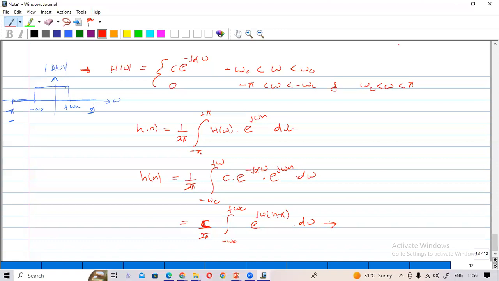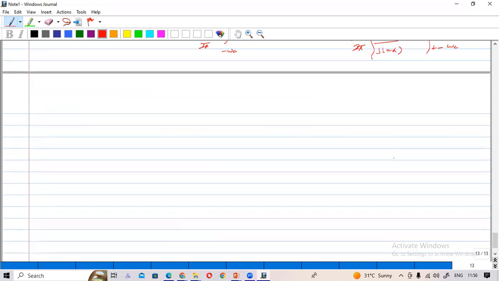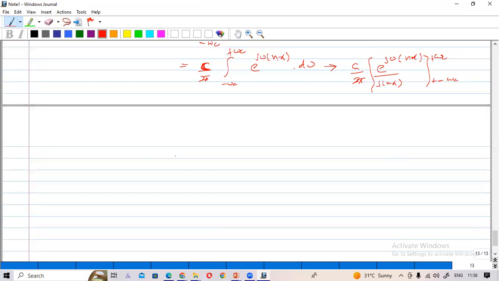Then you evaluate it as e to the power j omega (n minus alpha) divided by j (n minus alpha), and apply the limits from minus omega c to plus omega c.